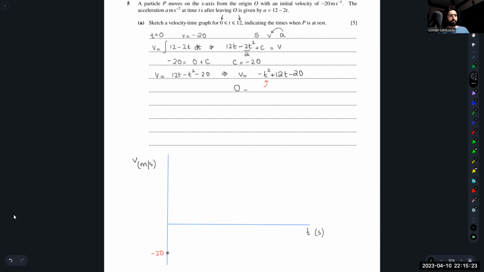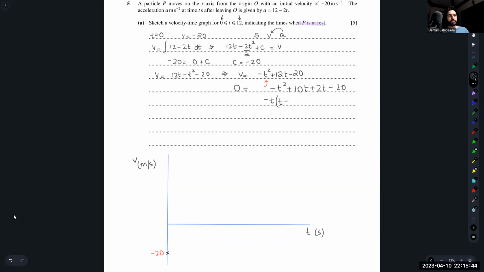Put velocity as 0 to indicate the times when P is at rest. So by putting velocity as 0 you can find the resting times. 10 times 2, which is 10t plus 2t minus 20.